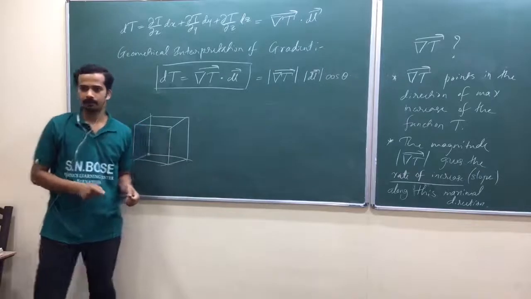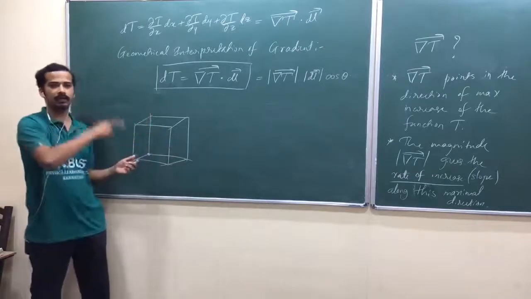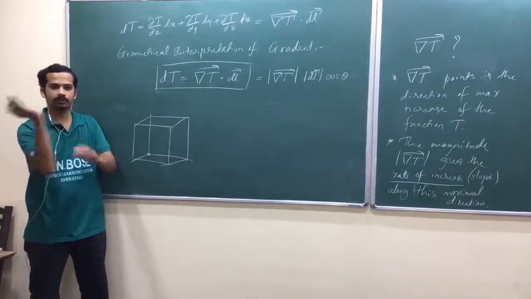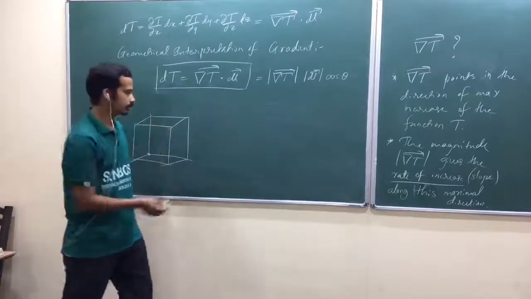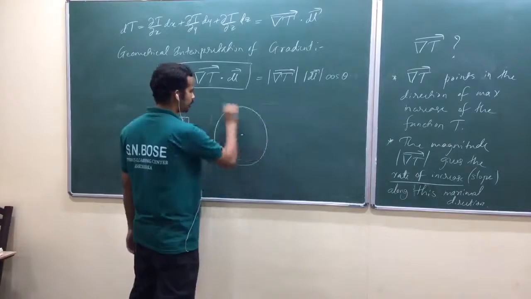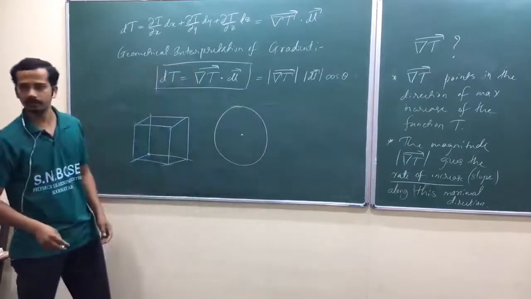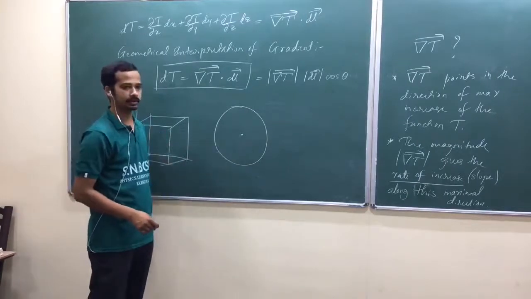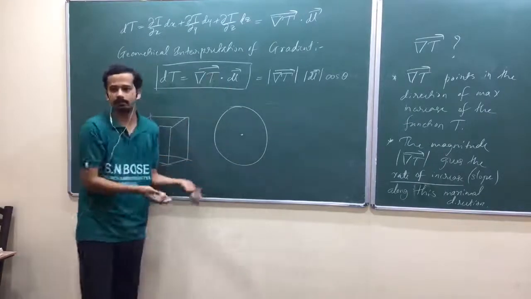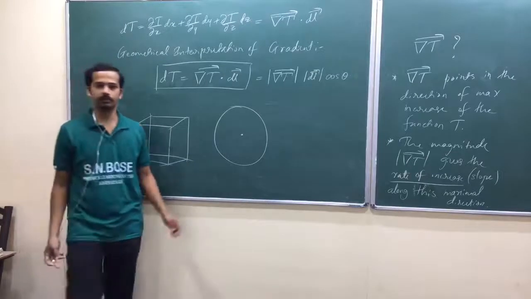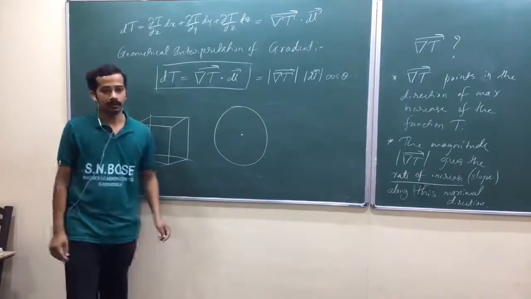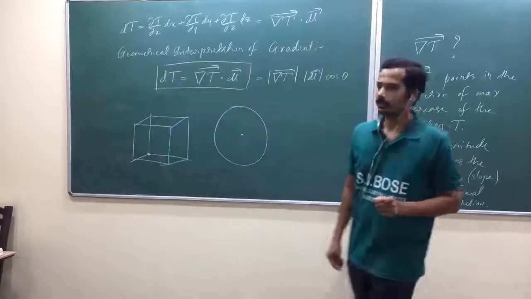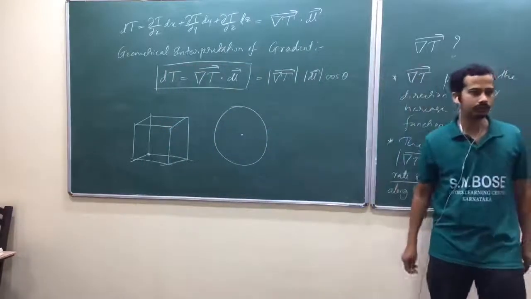When you move perpendicular to the radial direction, the rate of decrease is minimum, or 0. When you move on a spherical surface with the fire as its center, obviously your temperature will be the same, isn't it? So the rate of change of temperature depends on the direction in which you move.